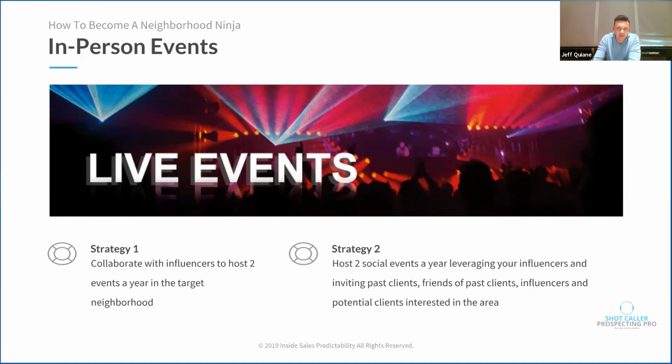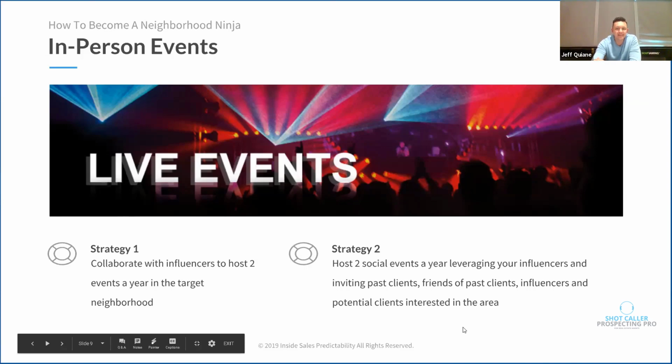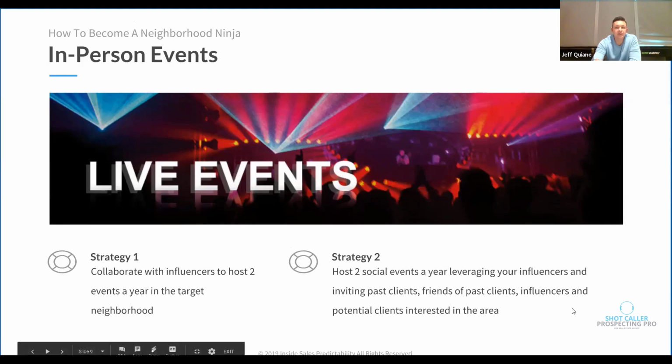Now on the second tier of the live events would be strategy 2, and that would be host 2 social events a year, leveraging your influencers and inviting past clients, friends of past clients, influencers, and potential clients that are interested in the area. That could be people that are tagged as nurtures, for instance, in your database.